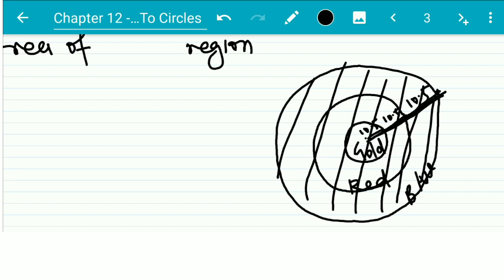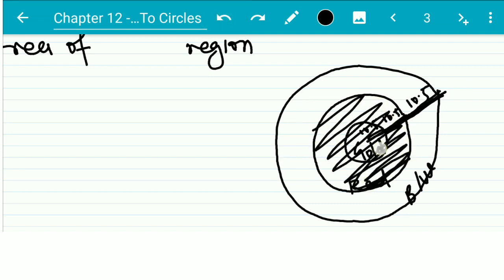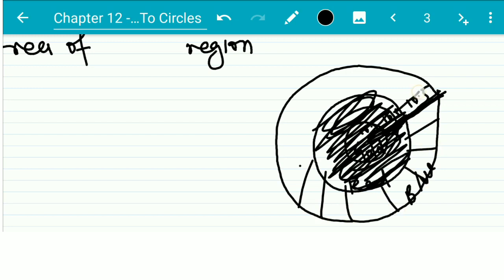After that, the same way we'll subtract this portion. See, when we subtract this portion from the big circle, we'll get this area, blue, right? So first we'll find the area of that full circle, and after that we'll subtract this area of red and gold, so that we'll get the area of blue only.